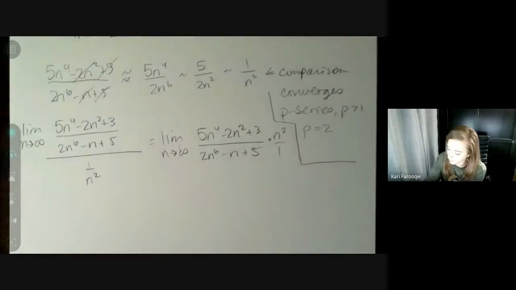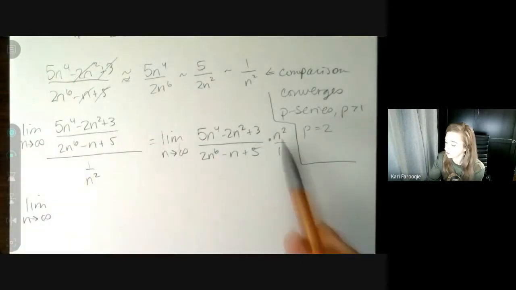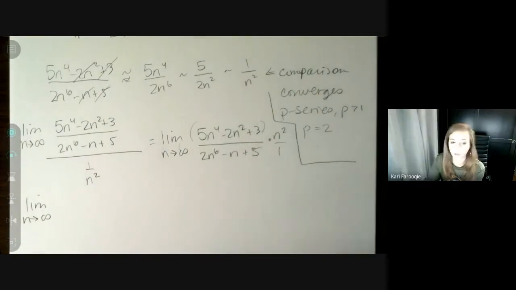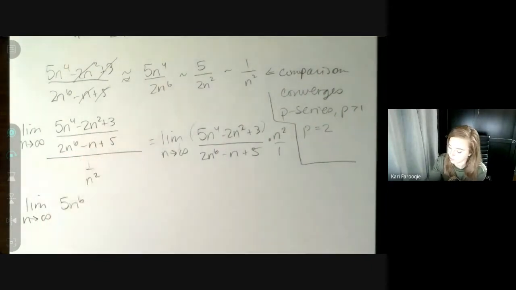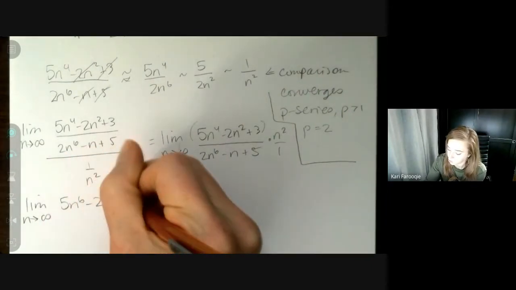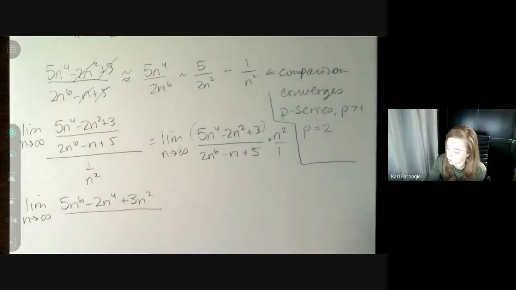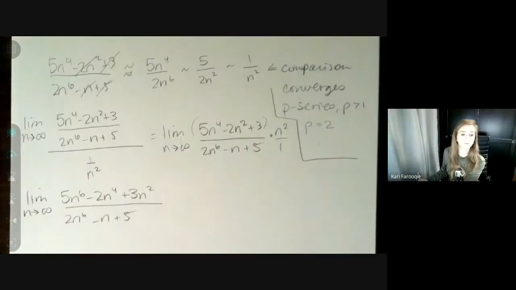And then you're going to simplify that. So you're going to multiply n squared into these 3 terms to the left of n squared. So you're going to end up getting 5n to the 6th minus 2n to the 4th plus 3n squared divided by 2n to the 6th minus n plus 5.